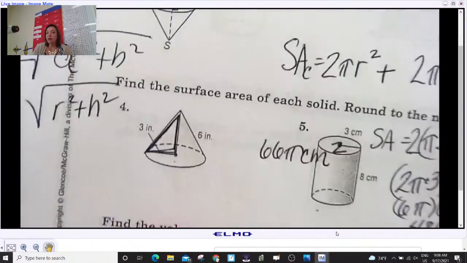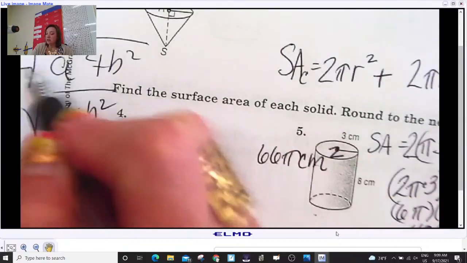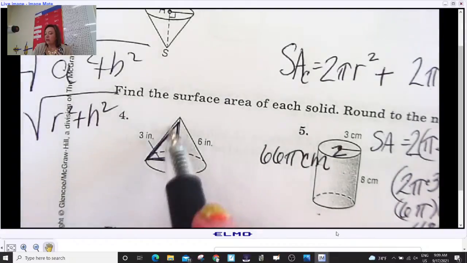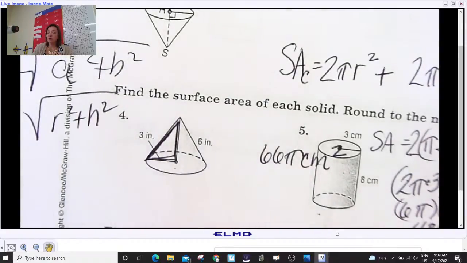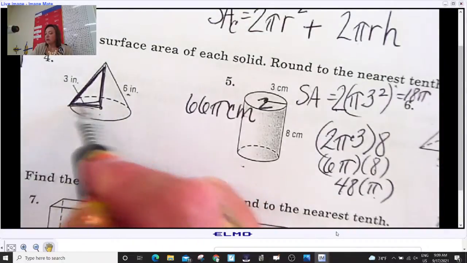Look kind of familiar? The square root of a squared plus b squared. This is c squared, right? Basically, you're finding the length of this, with this information about 6 being this and 3 being this.